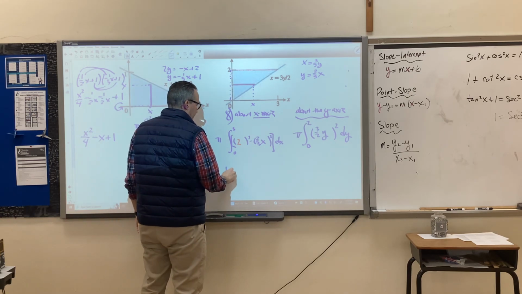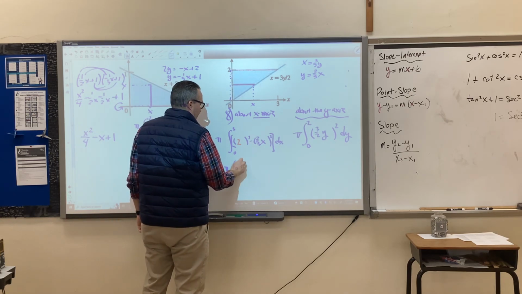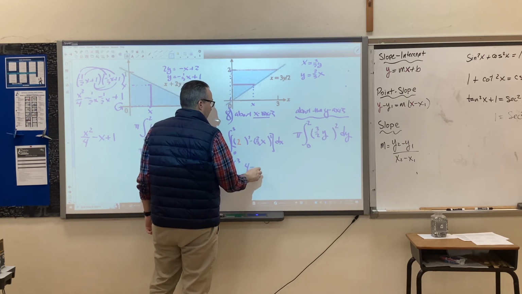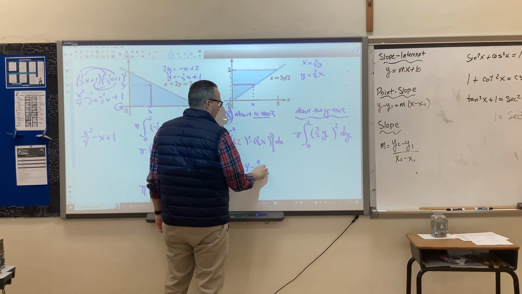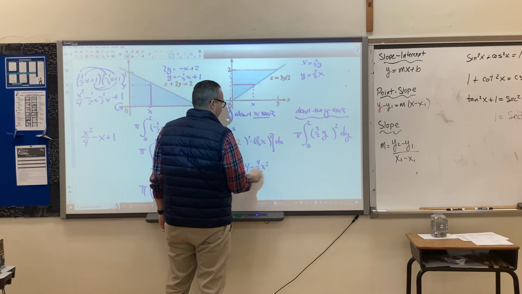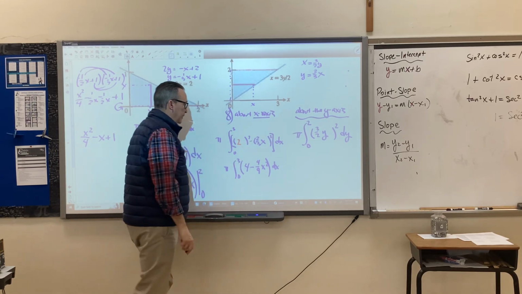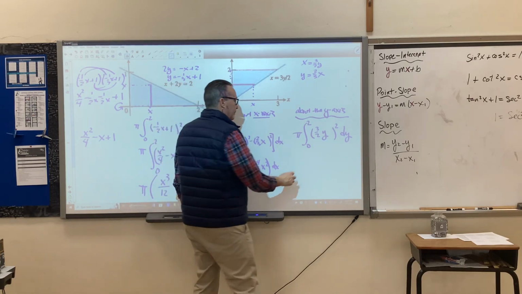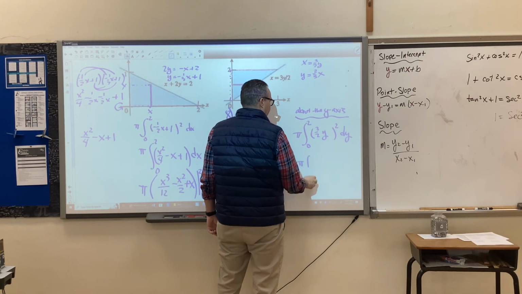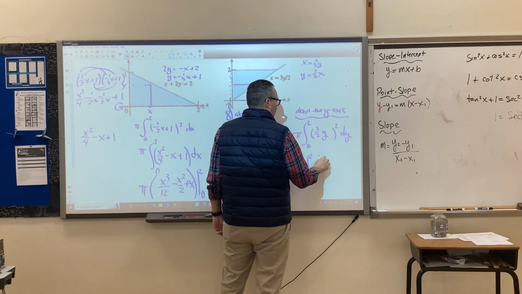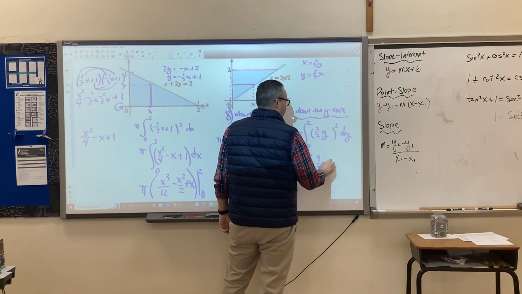This one is 4 minus 4/9 x squared. This one, 9/4 y squared.